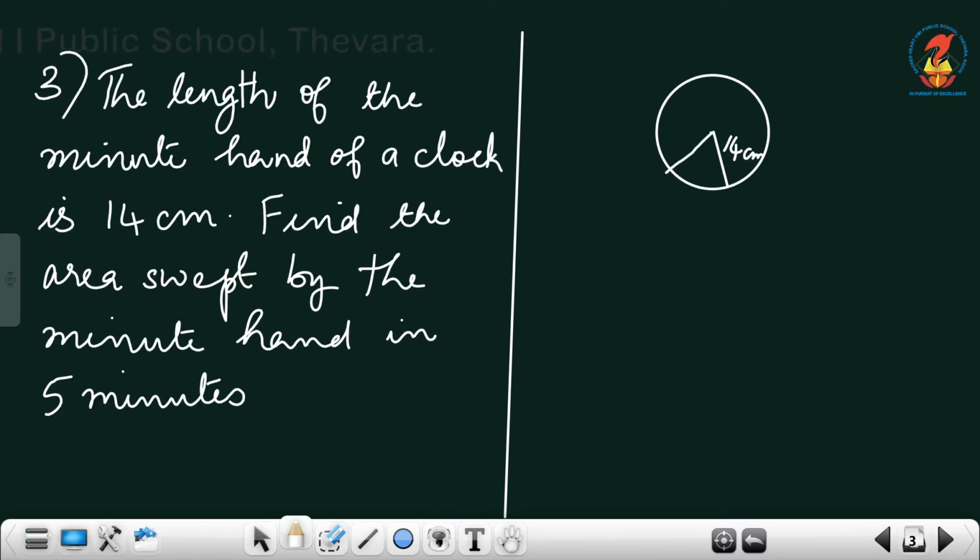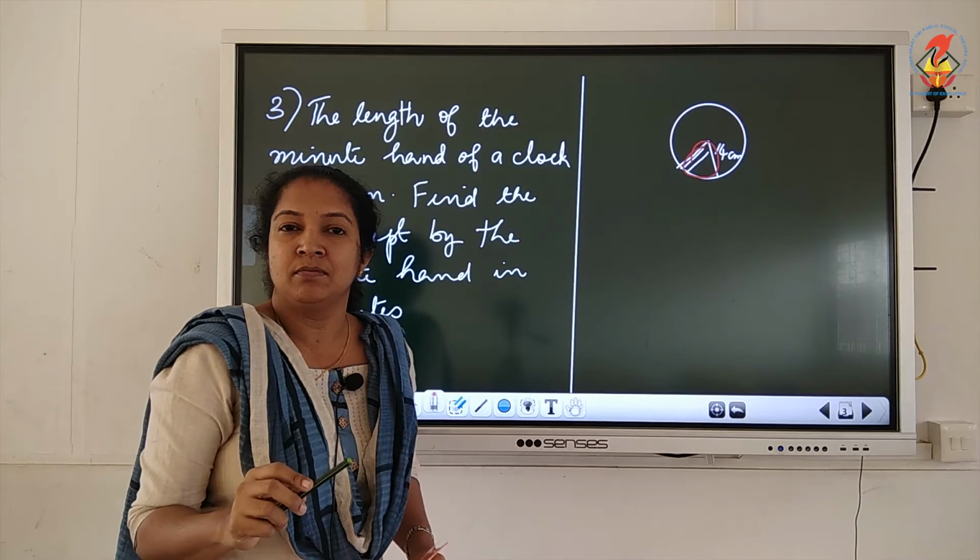Next question. The third question. The length of the minute hand of a clock is 14 centimeter. Find the area swept by the minute hand in 5 minutes. So this is the area covered by this minute hand in 5 minutes.